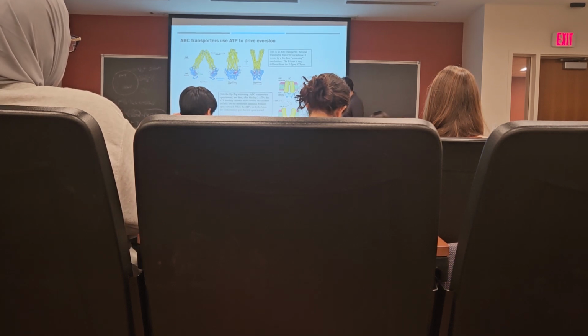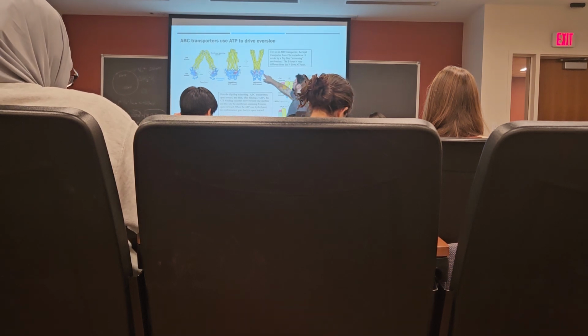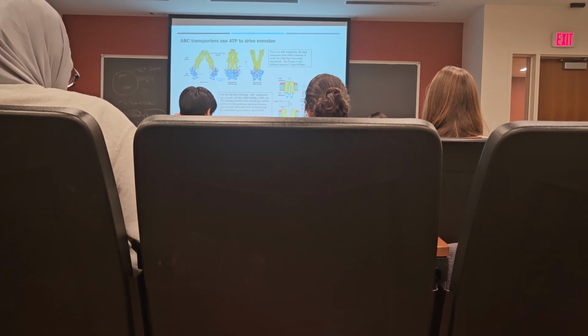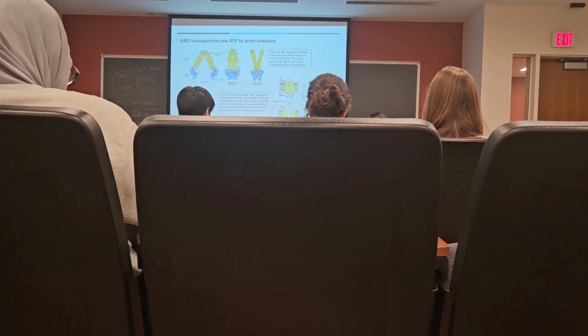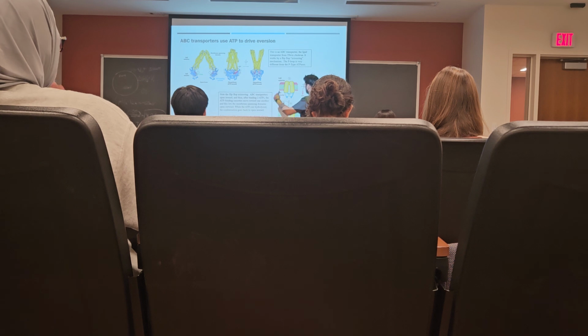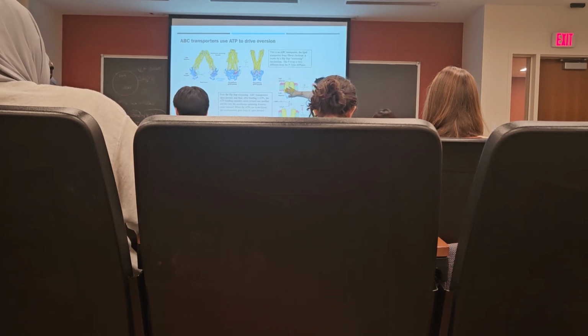So now we have the ligand on the outside. In order to reset, we have to undo this eversion, right? And what's causing these two regions to move together is the ATP itself. But when the ATP is hydrolyzed, there's no longer any attractive force between the ATP binding cassettes, so these are able to move farther apart, and these two move closer together, resetting the entire system.